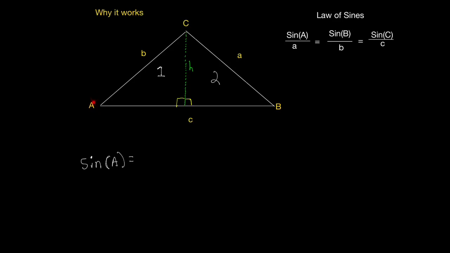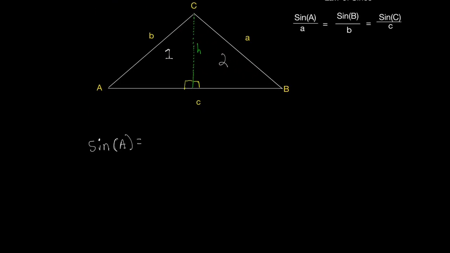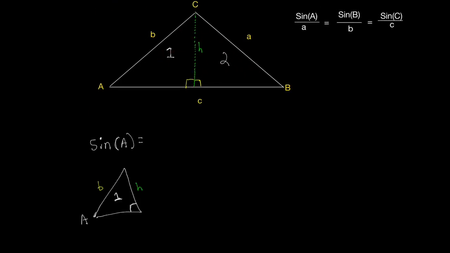Let's pretend triangle 2 doesn't even exist. Or better yet, let me just extract it. I've extracted triangle 1. So now if I want to take the sine of A, we need the ratio of opposite over hypotenuse. B is the hypotenuse because it's across this 90-degree angle, the one I created with the altitude. So sine of A is going to be H all over B.